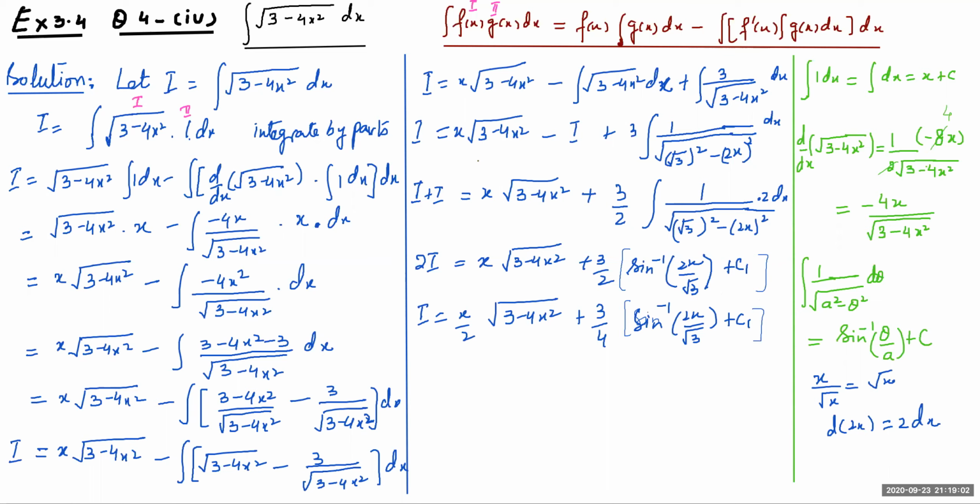Okay, and now what? Just open up this bracket and you will have I is equal to x by 2 square root of 3 minus 4x square plus 3 by 4 sine inverse 2x by square root of 3 plus 3 by 4 c1.